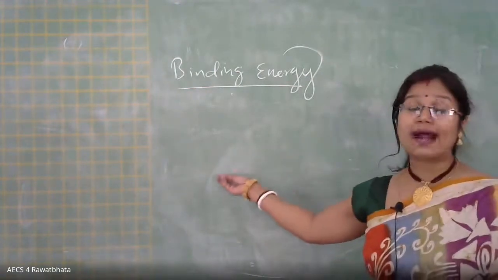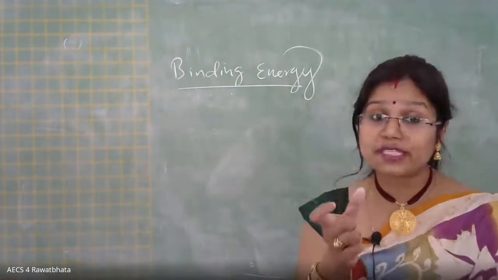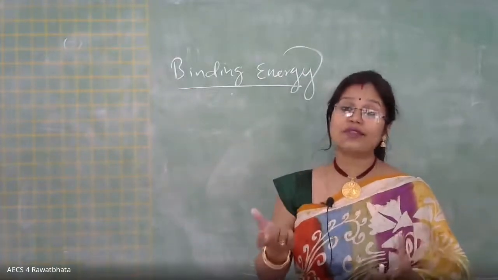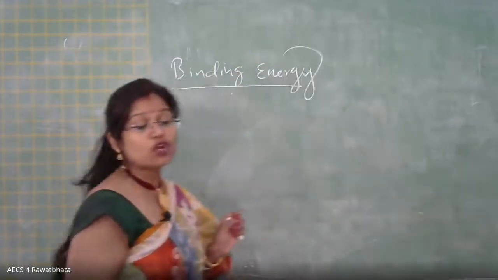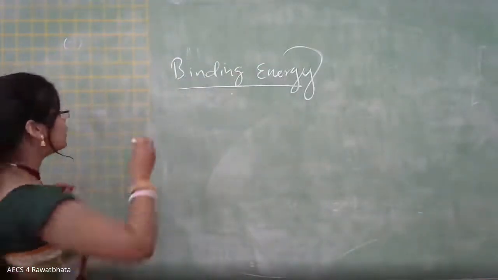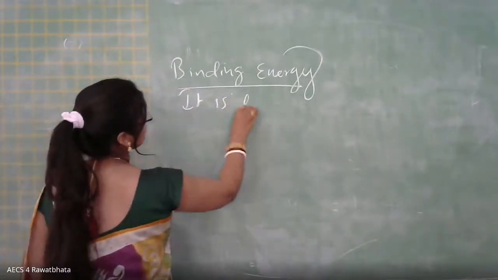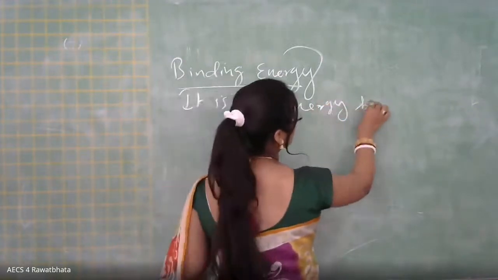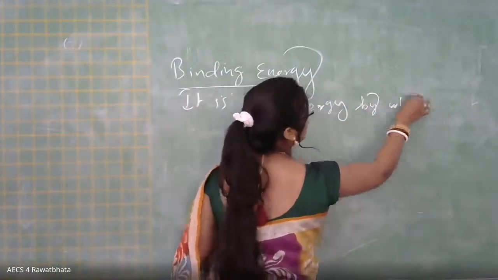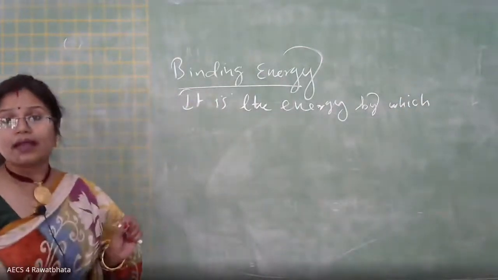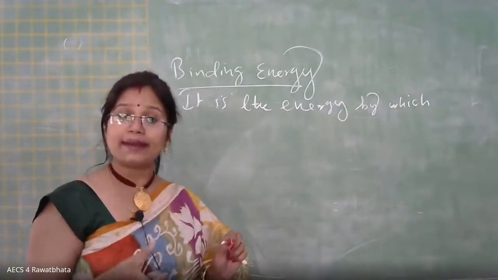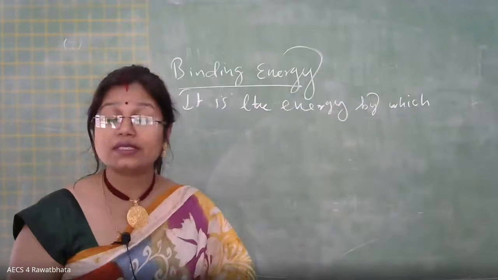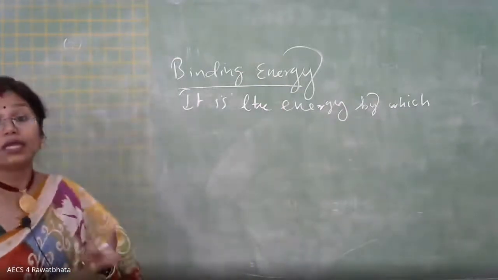Just now I told you the nucleons are the constituents present in the nucleus. Proton and neutron together are known as nucleons, dear. So when we talk about binding energy, it is the energy by which the nucleons are bound to the nucleus.